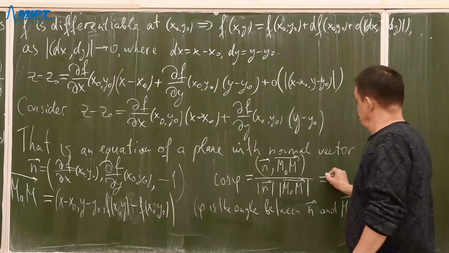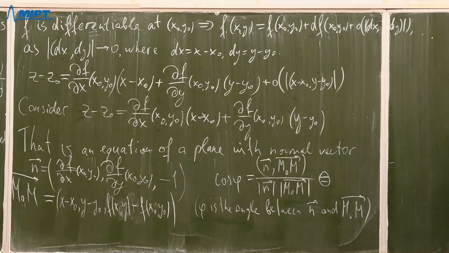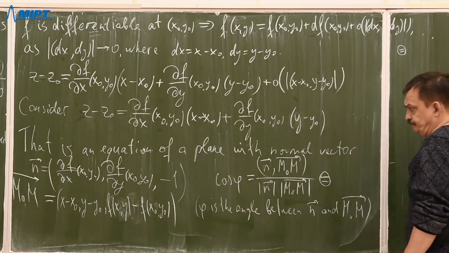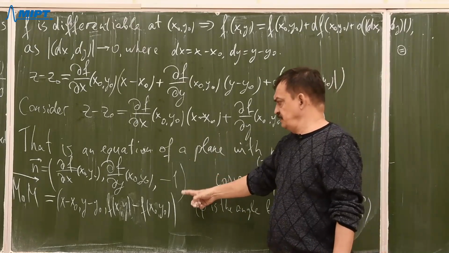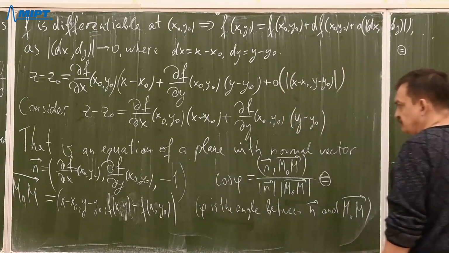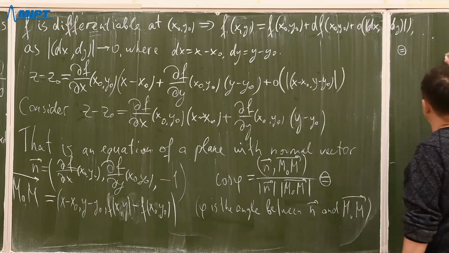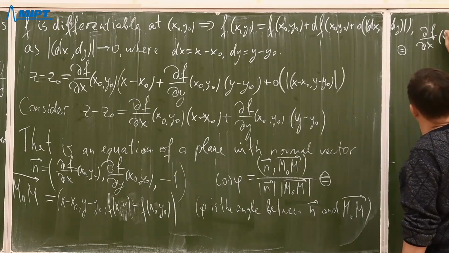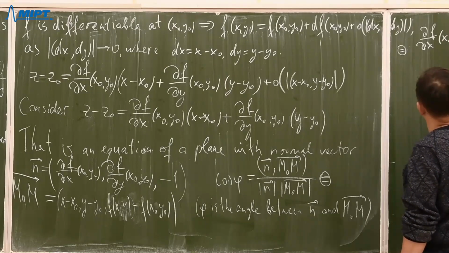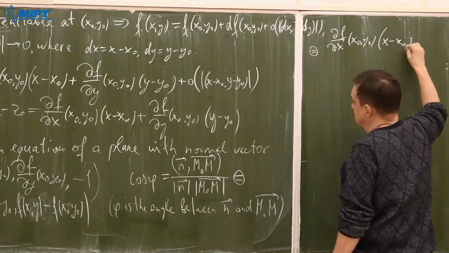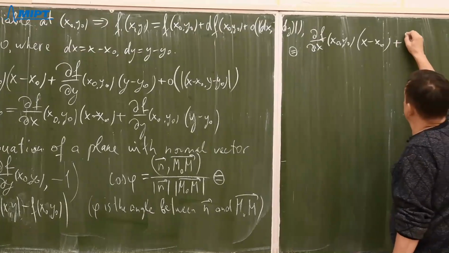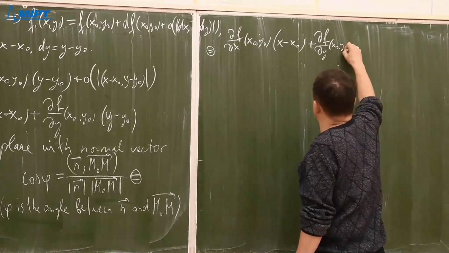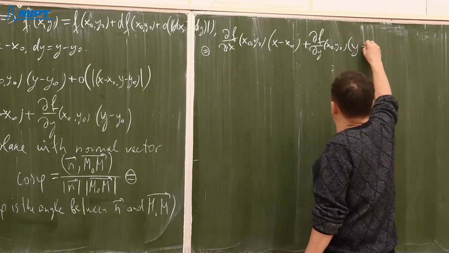Now let me write it down. n is written here, M naught M is written over there. So what we have: partial derivative of f with respect to x at x naught, y naught times x minus x naught, plus partial derivative of f with respect to y at x naught, y naught times y minus y naught.